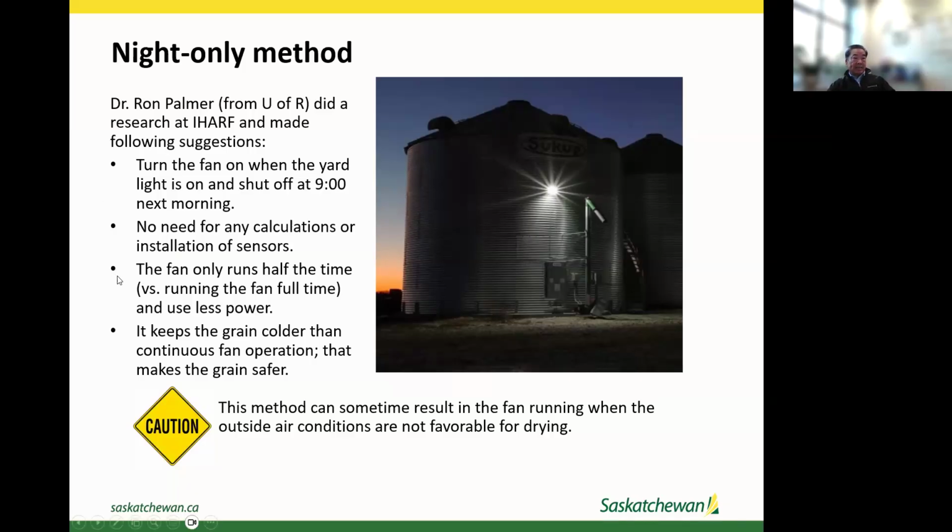So what he said is, using this method, the fan is only on half of the time, so it saves a lot of energy, which also means money to you.